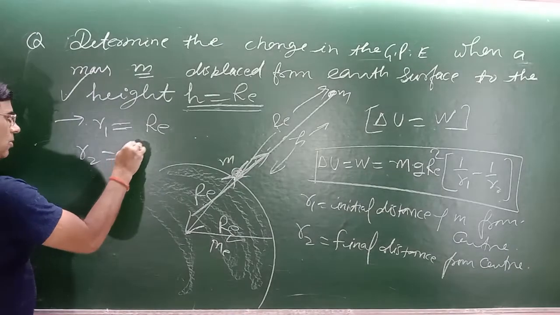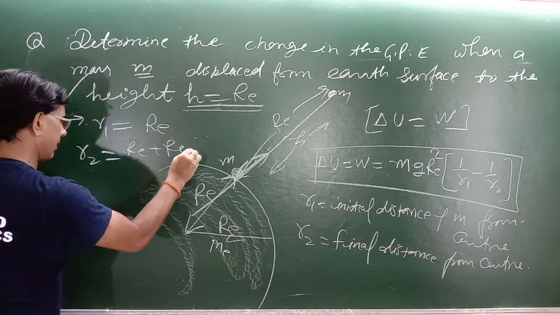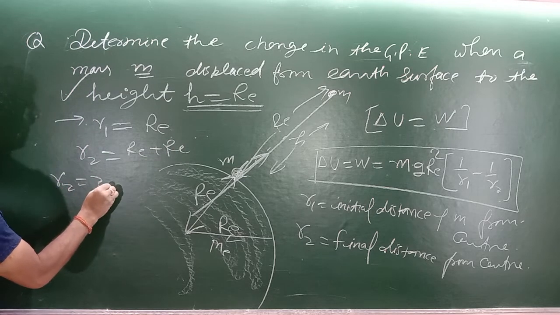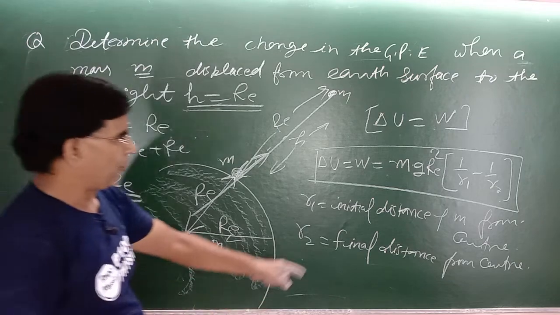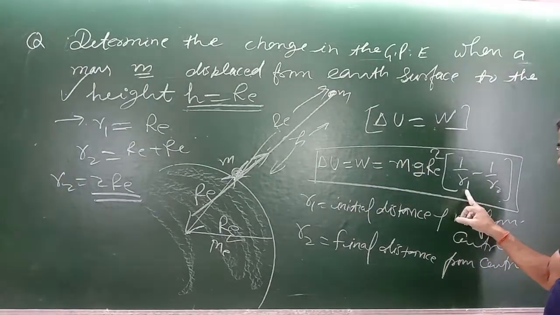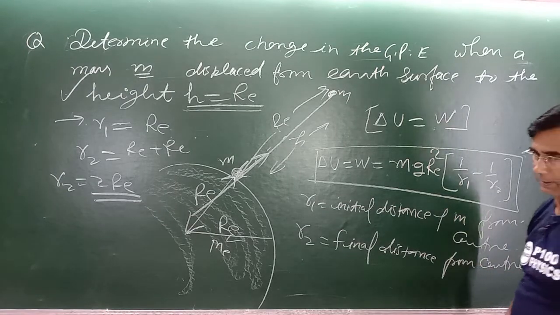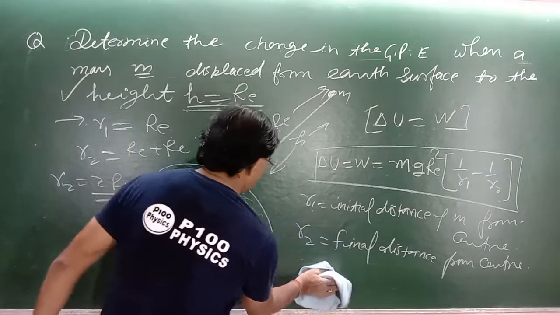R2 equal to RE plus RE, R2 equal to 2 RE. Fantastic. Now put the values of R1 and R2 in this equation and get the answer. How? Come on.